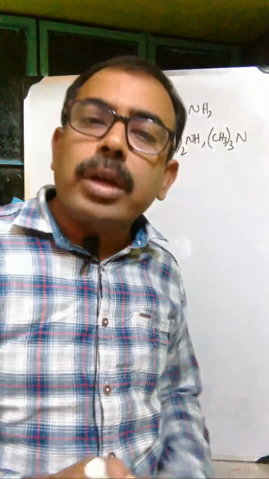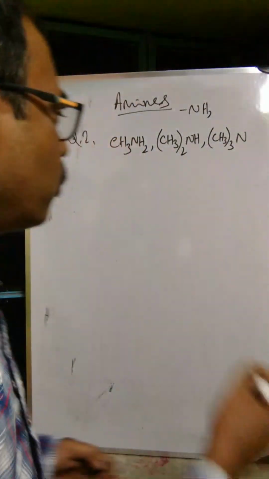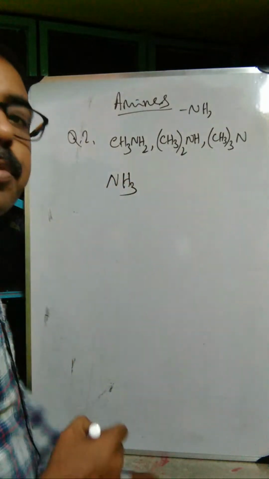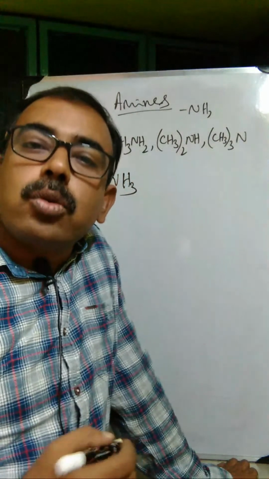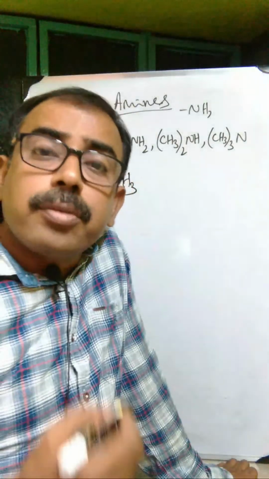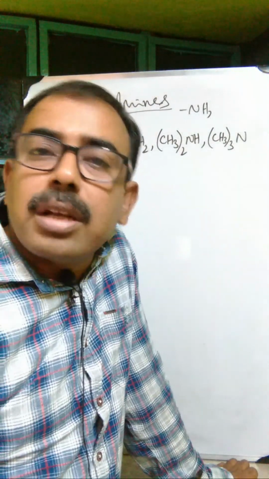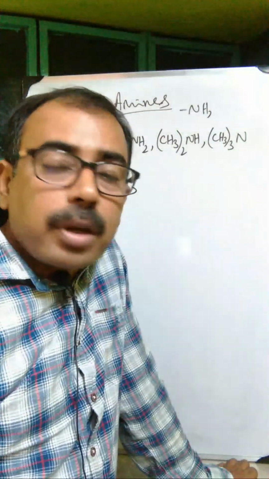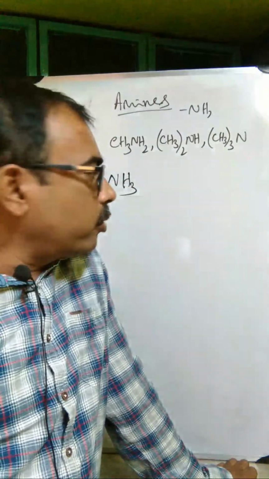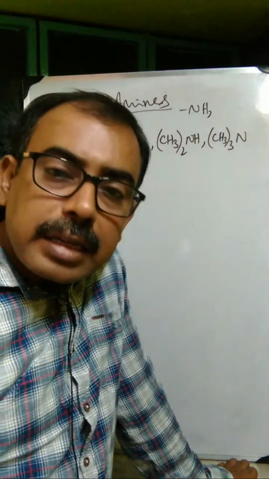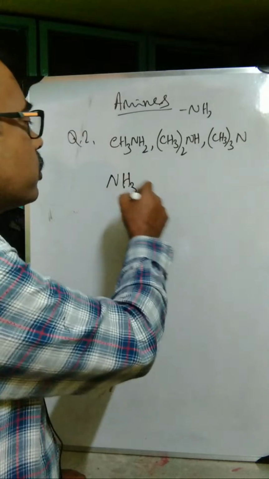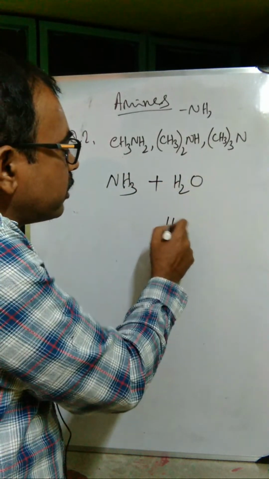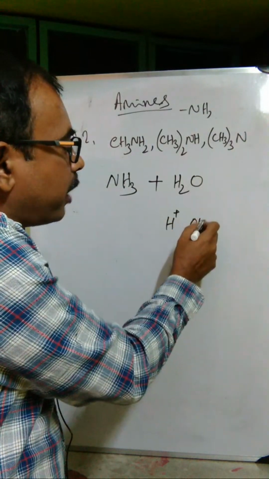Why ammonia? First the question is, why is ammonia an Arrhenius base? Why should we say ammonia is an Arrhenius base? Because we know Arrhenius bases are those which can give OH minus ion or hydroxyl ion in aqueous solution. In the NH3 molecule there is no OH group at all. So how can we say ammonia is an Arrhenius base? This is because when you dissolve ammonia in water, H2O dissociates into H plus and OH minus ion.